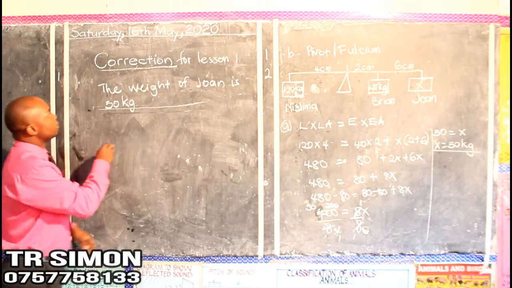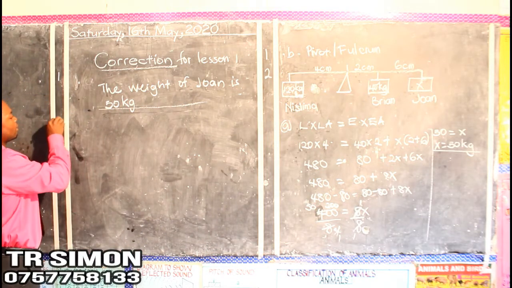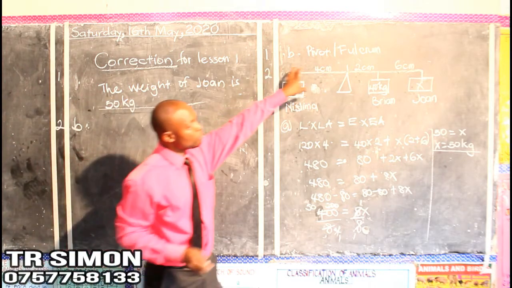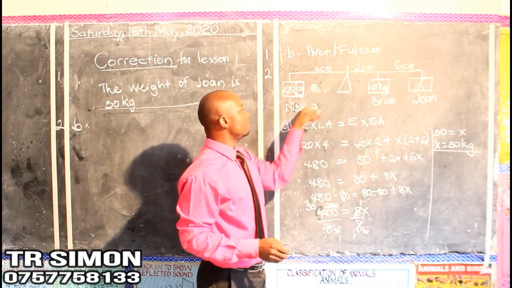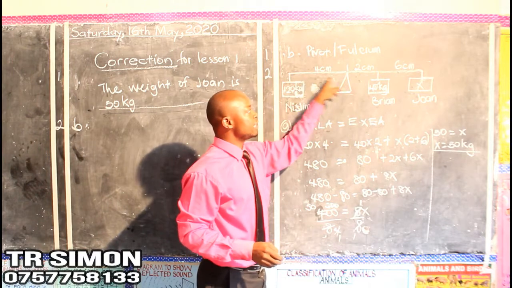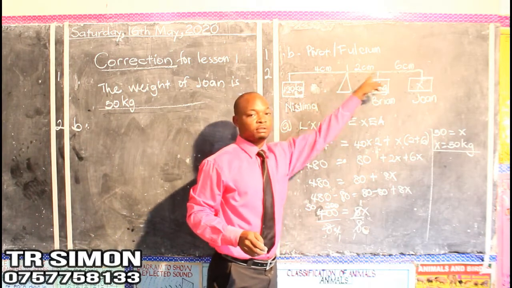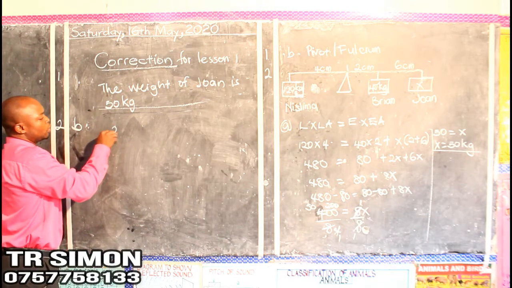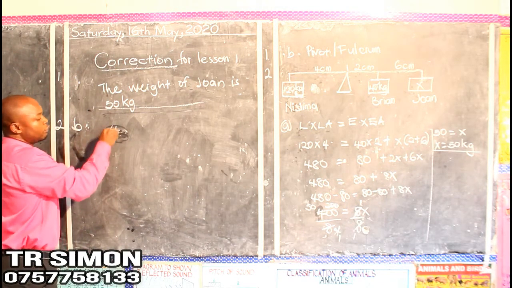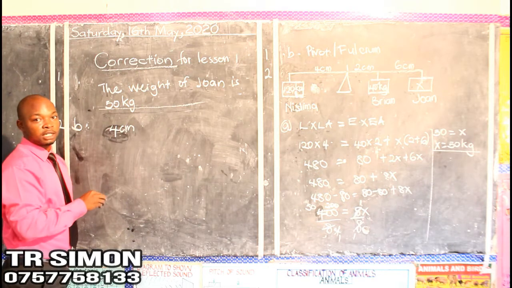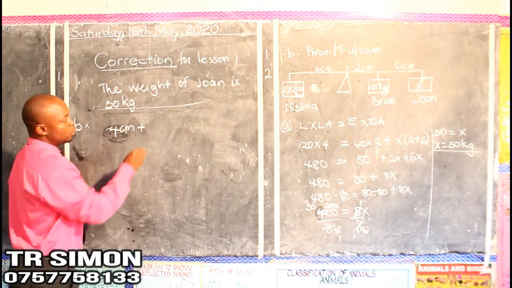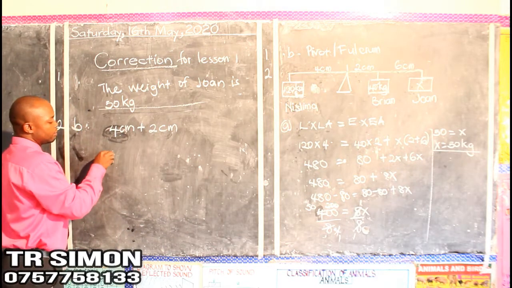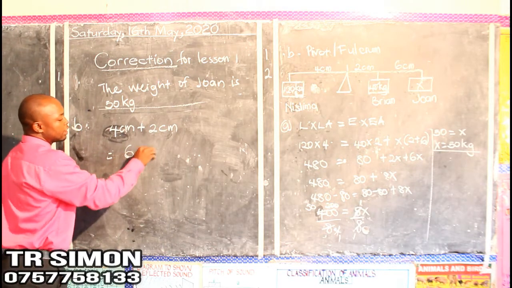So we shall say 2B, you get the distance of Onisima from the program, plus the distance of Brian from the program. We are going to get 4 centimeters plus 2 centimeters. This is going to give us 6 centimeters.